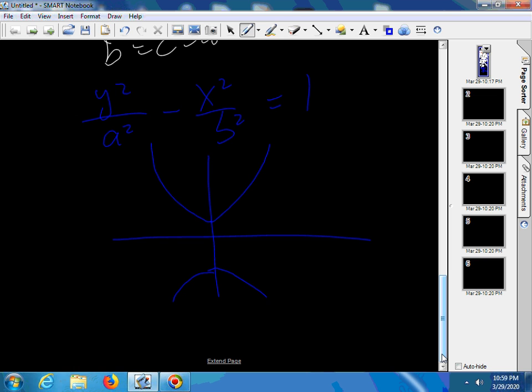It looks like this. This will be negative c. This will be positive c. This point will be negative a. This point will be positive a. And again, this distance squared minus this distance squared is going to be b squared.